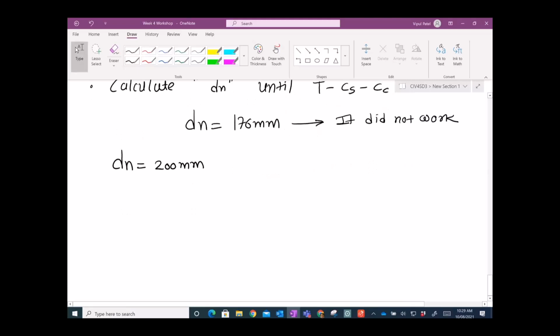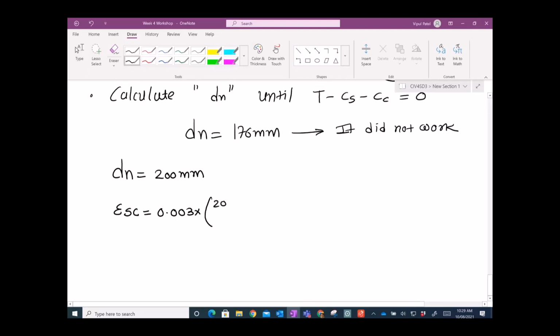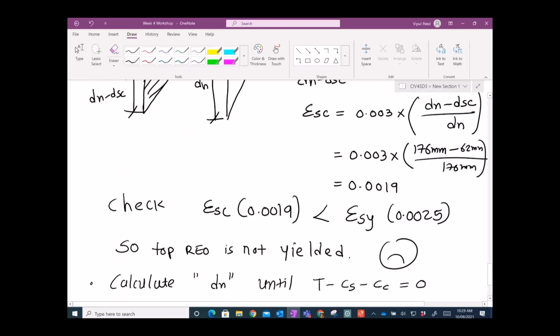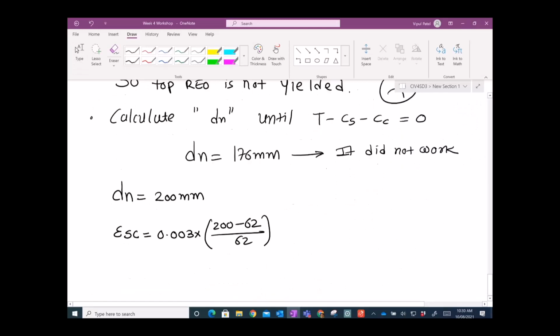Now if you try dn equal to 200 millimeters, then you calculate the strain again. You know this drill, right? You need to go for these equilibriums over and over. So let's change this value: 200 take away 62 over 200. I'm just making the change here, this dn, which is 200.